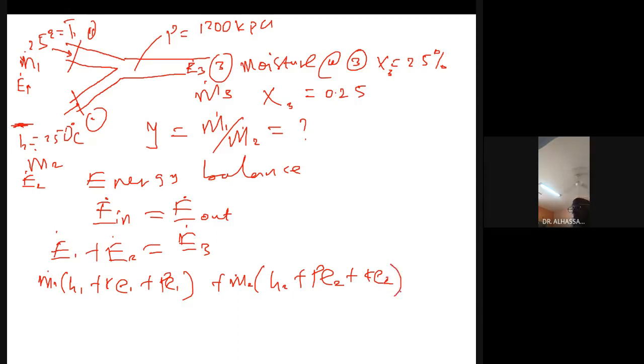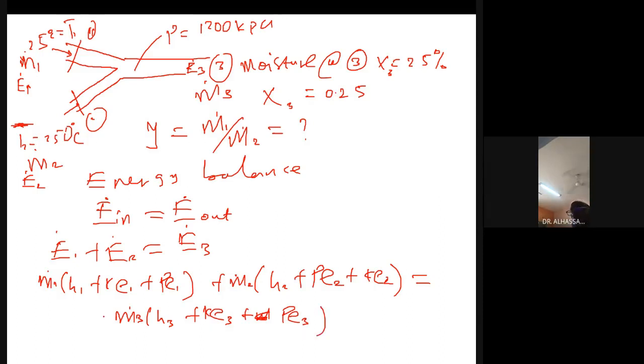Then this must be equal to M3 times H3 plus kinetic energy KE3 plus potential energy P3.